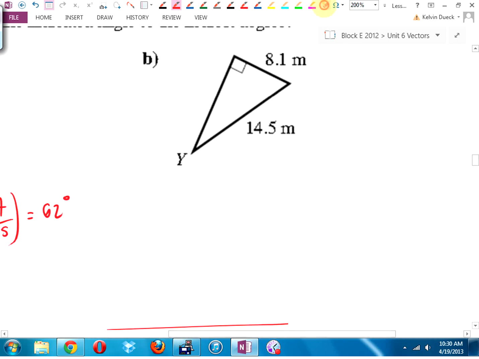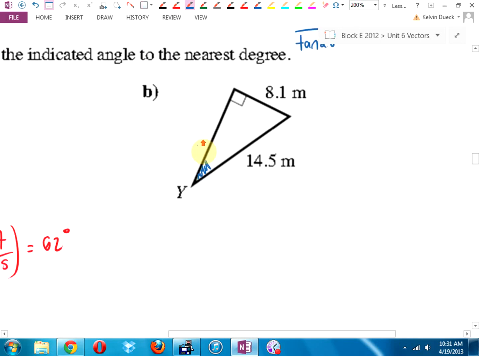B. I guess they want me to find angle Y. Okay. That 8.1, opposite, adjacent, or hypotenuse? Opposite.